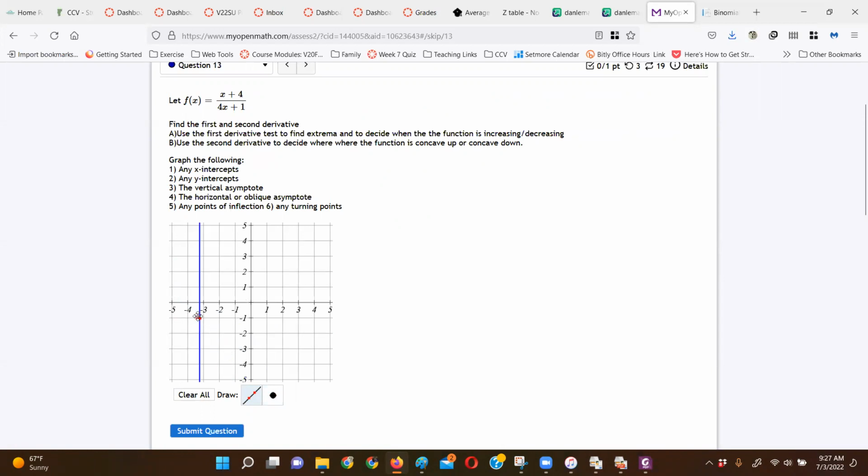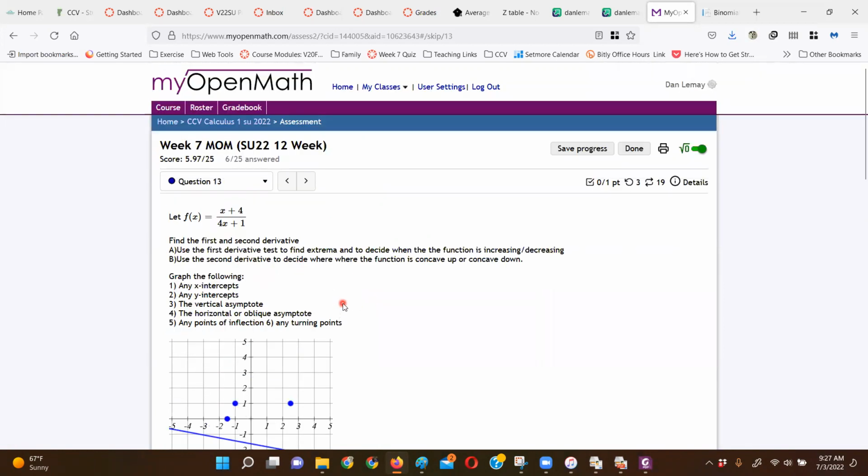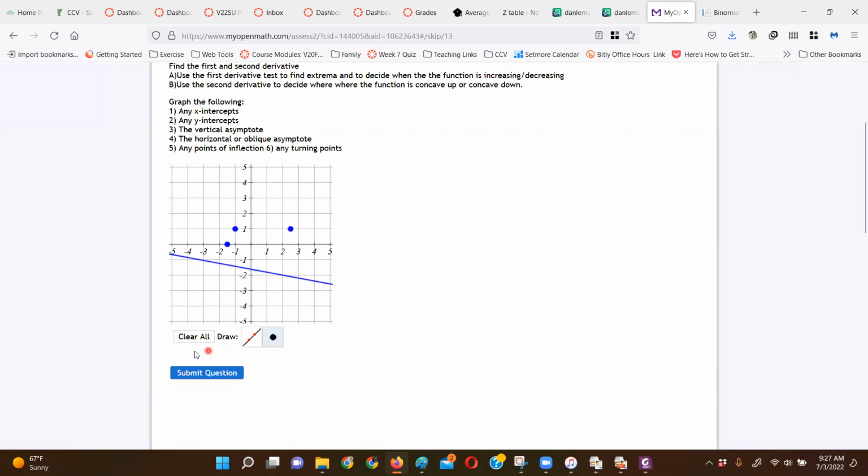Oh, this is a broken question, folks. If it won't let me do parabolas, then this is a broken question. So don't worry about graphing it. If you want to throw it on paper and send it to me, make sure you know how to do that. I didn't realize that. Isn't that awful?